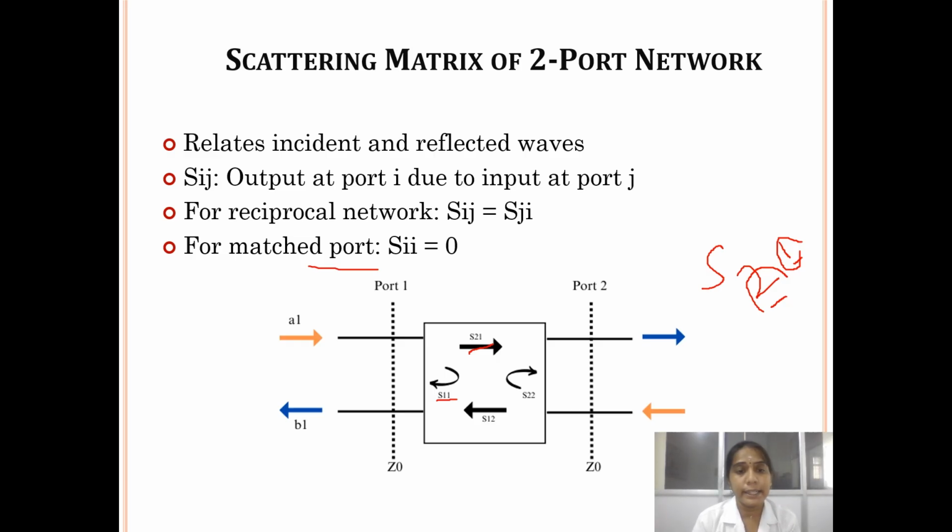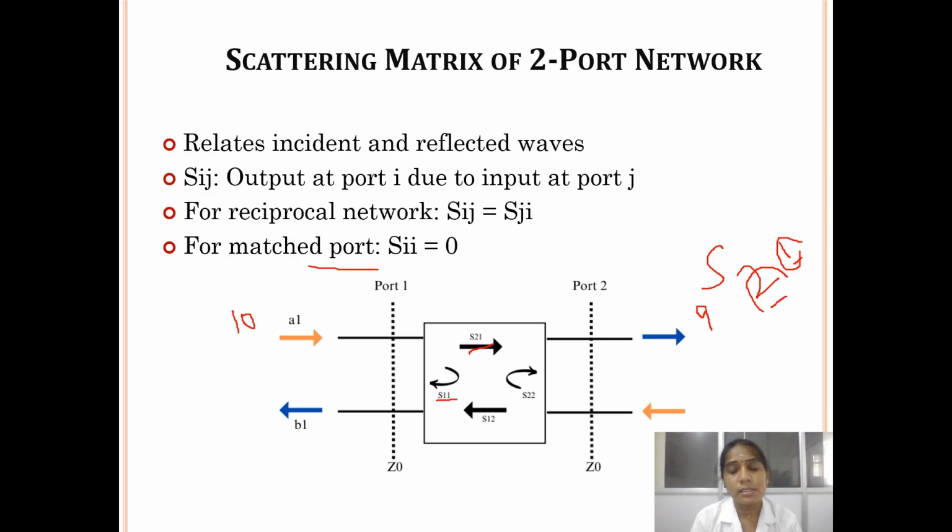The second thing we have to consider in the scattering matrix is the reciprocal characteristic. Reciprocal characteristic means that whenever we pass the signal from port 1 to port 2, for example, let me take that in port 1 we have a 10 decibel signal, and while transmitting there is some attenuation loss, and in port 2 you receive a signal with a value of 9 decibel.